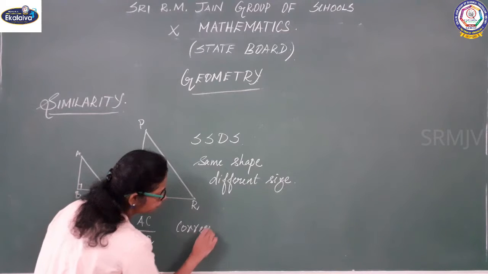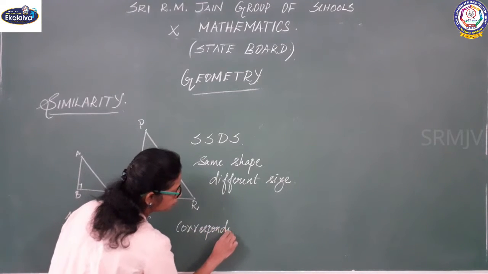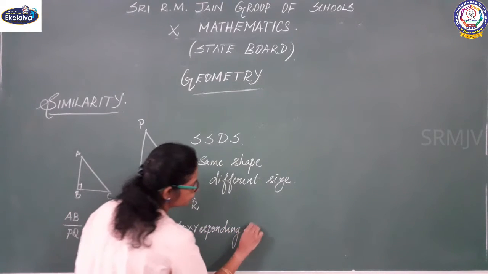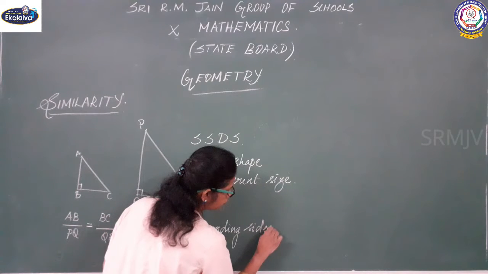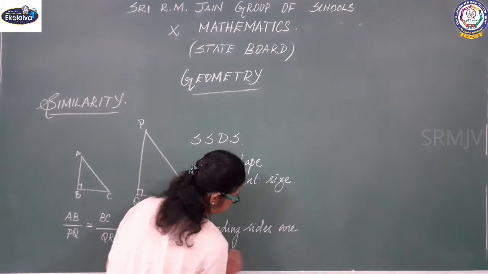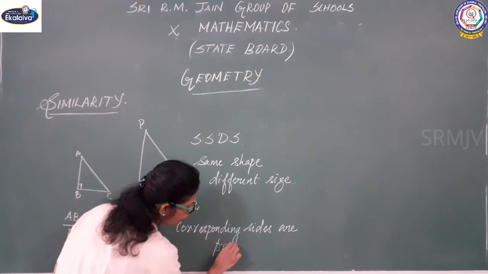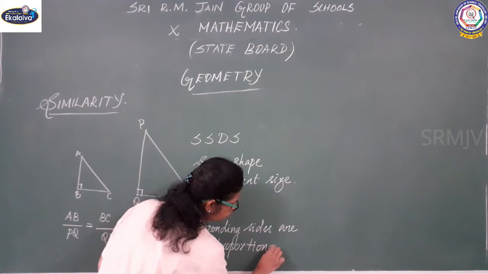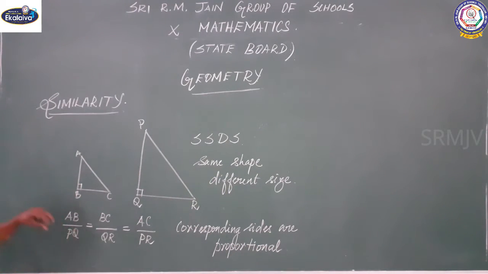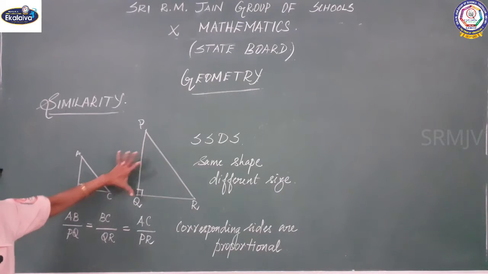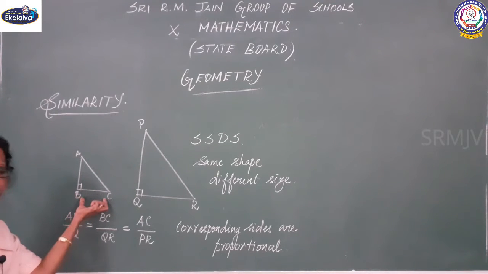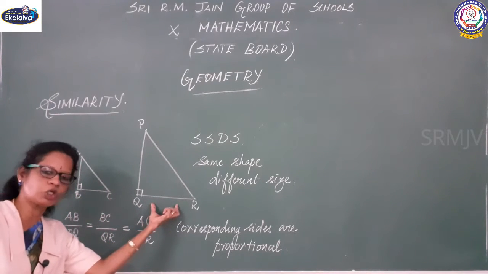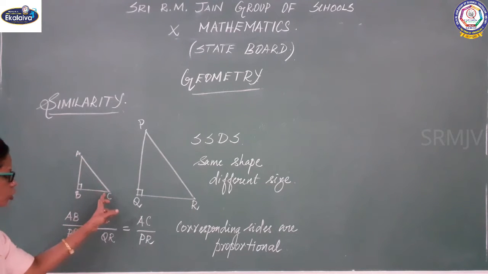Corresponding sides are proportional. If I selected the height here AB, I took here PQ. Base I consider BC. Here what is the base? QR. The hypotenuse is AC.